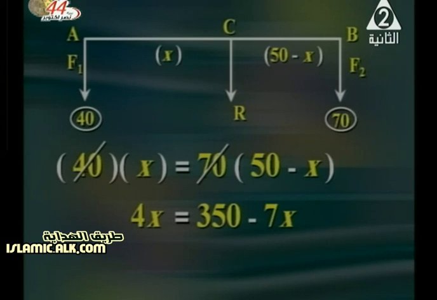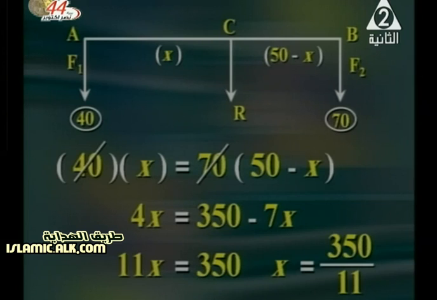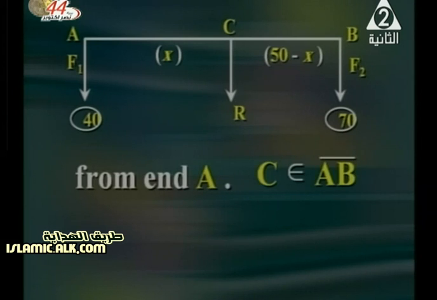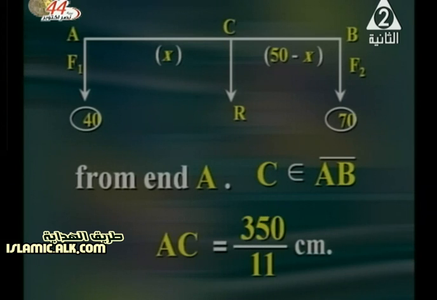We find 11x equals 350. To find the value of x, divide 350 by 11. The value of x from the point A, C belongs to AB line segment, then AC equals 350 over 11 centimeter.